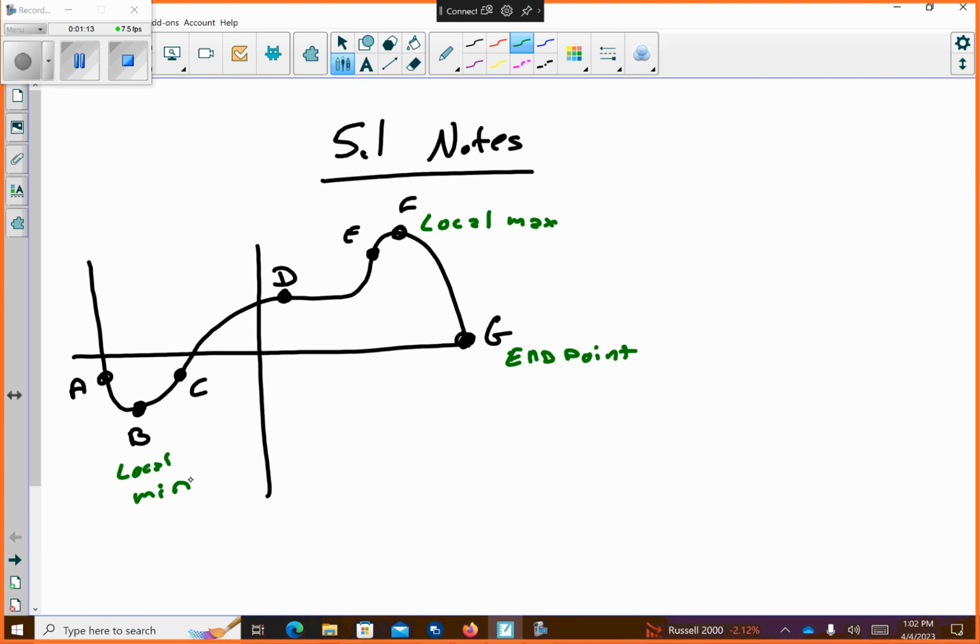Okay, and it says show where it's increasing, decreasing, maxes, mins, horizontal points of inflection. Okay, this right here is called a horizontal point of inflection.